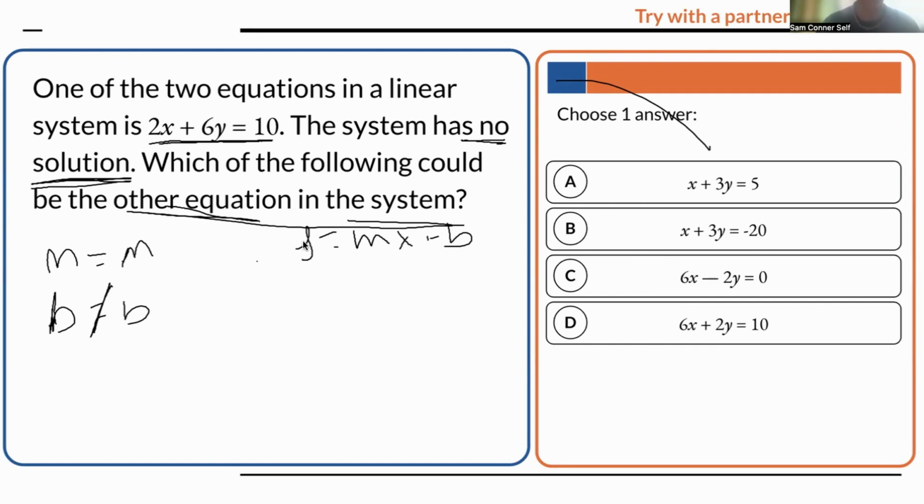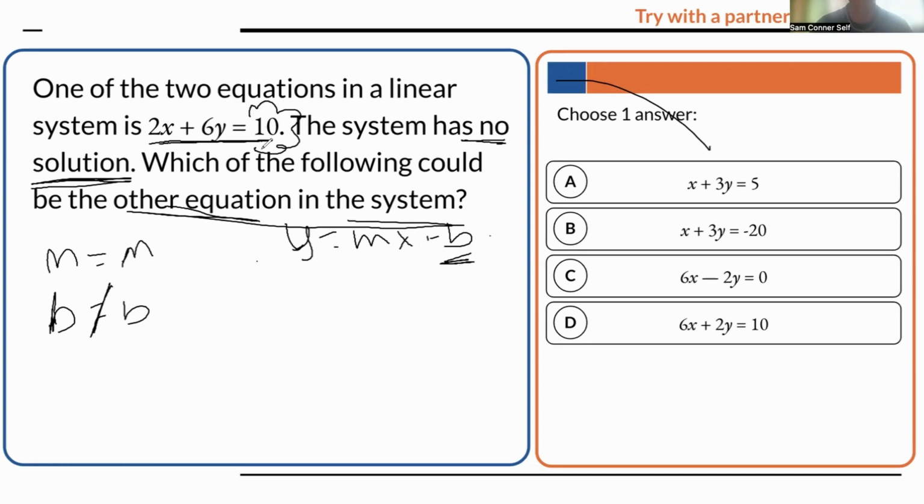Looking at what that means for this form of equation, the term without any variable attached to it is the y-intercept. So it's a good cheat to know that this term to the right of the equal sign in these types of equations is usually going to be your y-intercept.